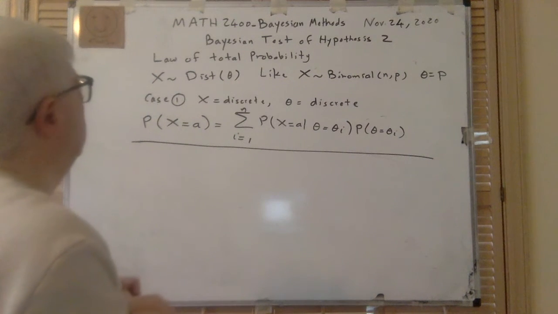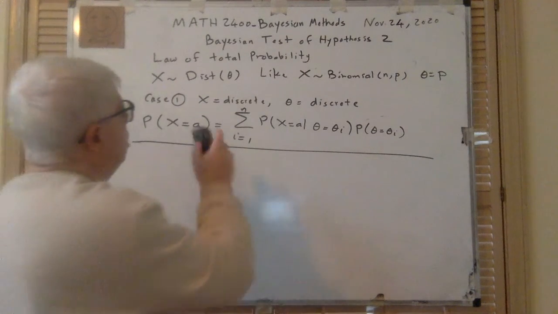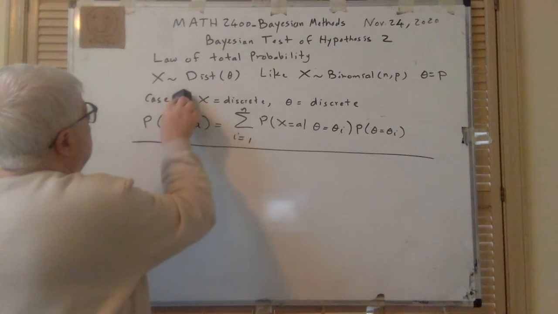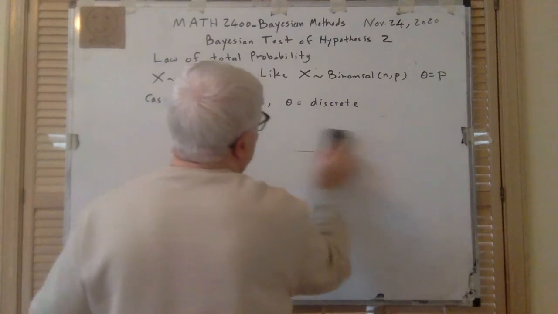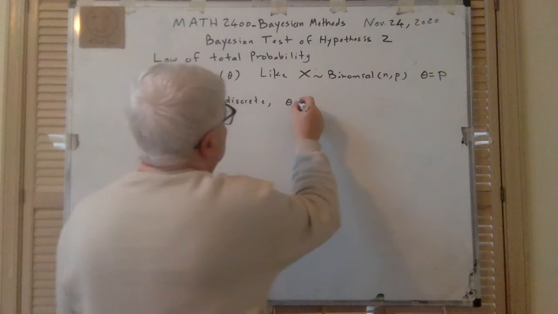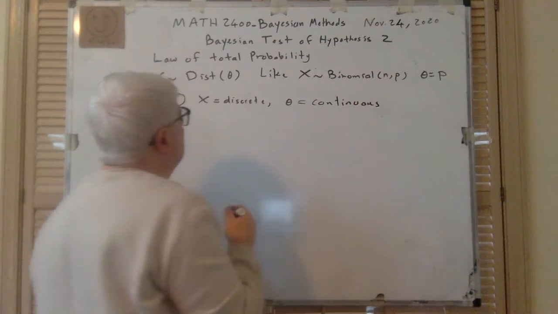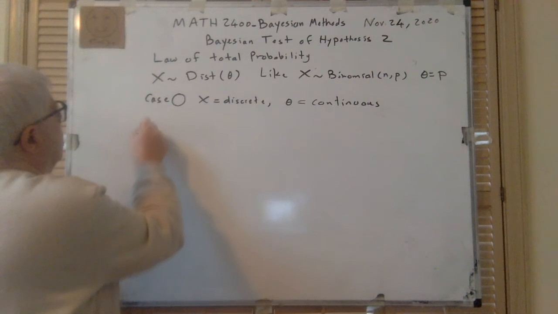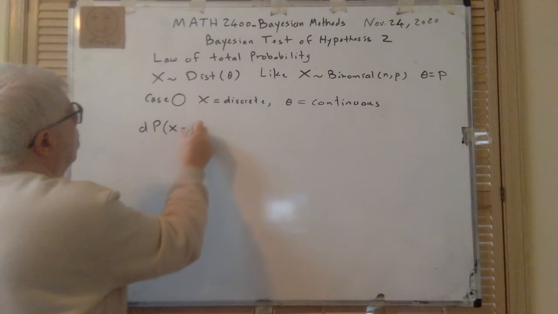Now we have case 2, which is discrete and continuous. So let me erase this, because I have to write down here. That is case 2, X is discrete and theta is continuous. In this situation, we find the differential of P of X equals A, say.